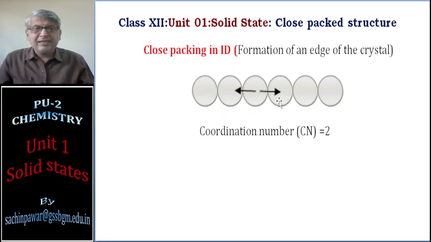That means the coordination number, capital CN, becomes 2 when we have close packing in one dimension. So in the edge of the crystal, the coordination number is 2. That is, every particle is in contact with two neighboring particles.